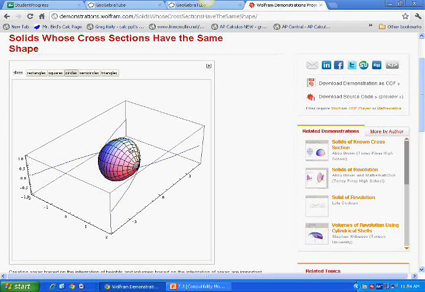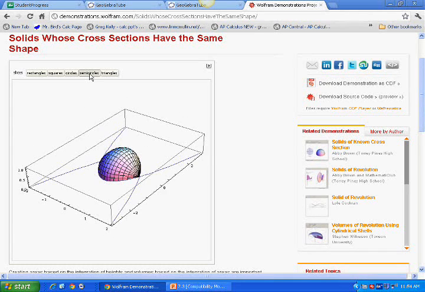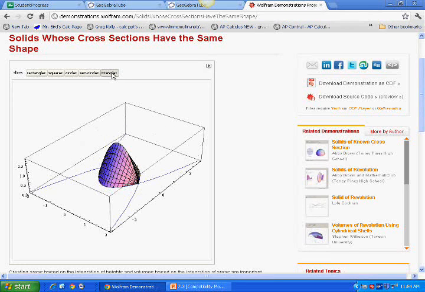So pi times the top minus the bottom, in half, squared, would be what my integration formula would be. Semicircles, you can see that would just be pi r squared divided by 2. And then we have triangles. That looks pretty cool. Kind of looks like a helmet of some sort.